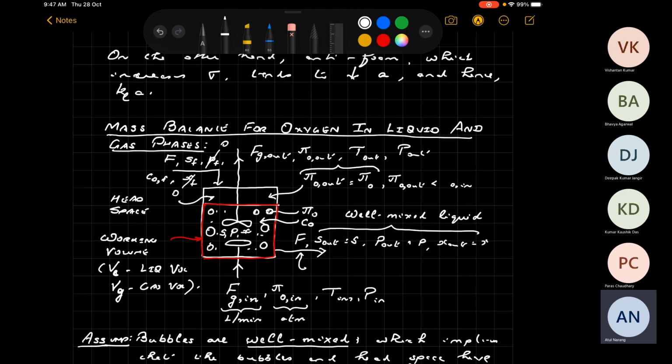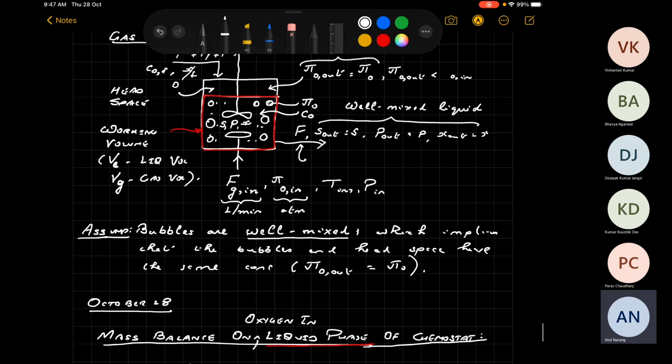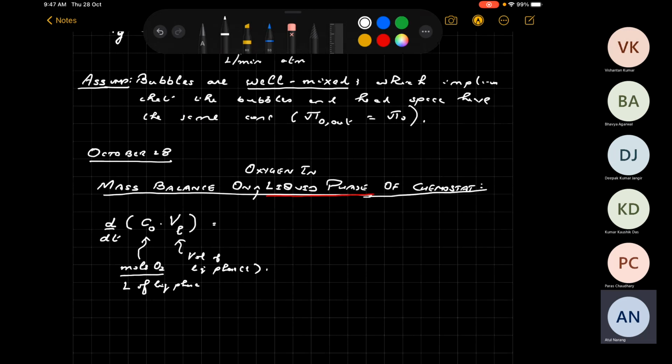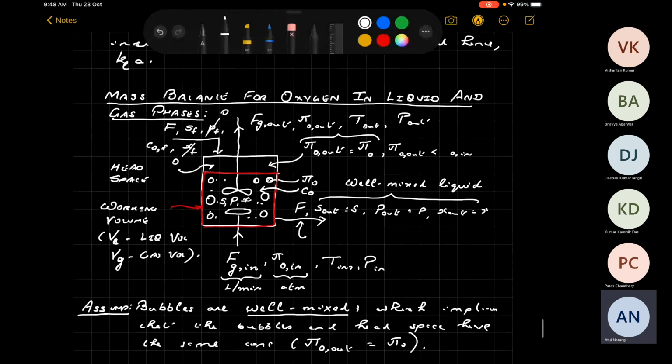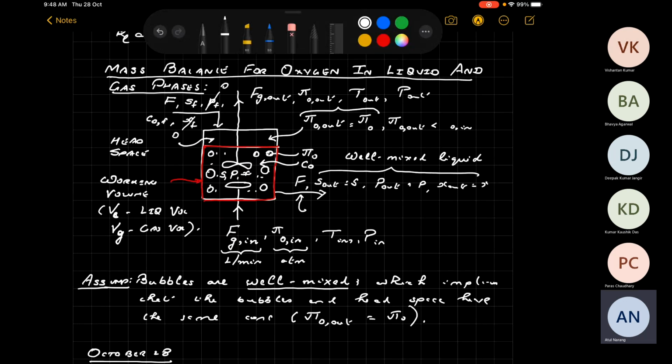So this is the concentration of oxygen in the liquid phase of the liquid feed that is coming in. So this will be equal to F multiplied by COF, and let's say it's going out at concentration CO. So coming back to the picture, the concentration of oxygen going out is CO, coming in is COF.